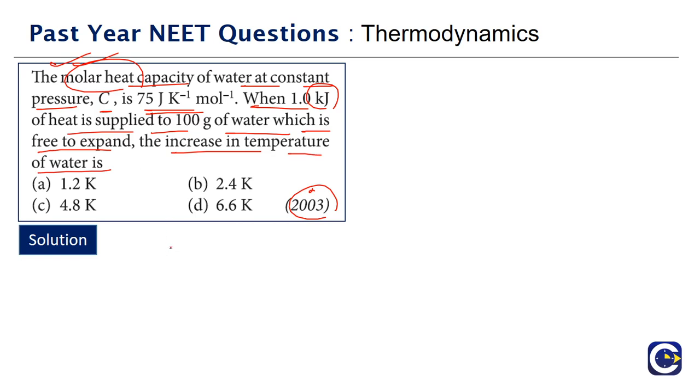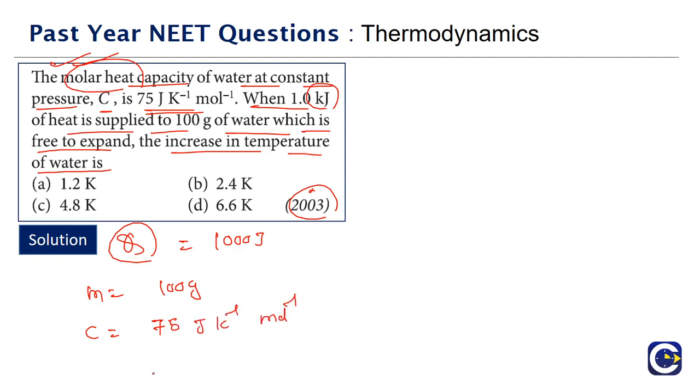We are giving heat, Q is given. What is the Q value? 1 kilojoule means it will be 1000 joule. And the mass of the water is given. What is the mass of the water? 100 gram. We know C. What is C? 75 joule per Kelvin per mole. We need to find the increase in temperature, delta T.